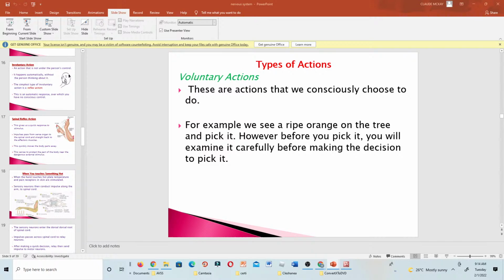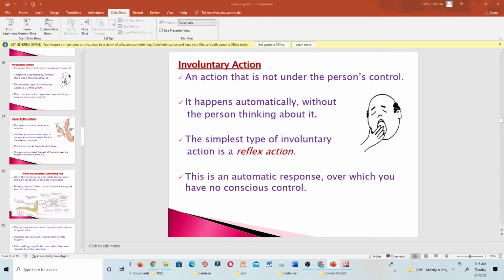And you will make that conscious decision in mind, with you having memory of what a ripe orange is. You have to do a lot of processing. You would have to think about the negatives and the positives before making that action. So once there's a lot of thought, a lot of processing, then the action follows.